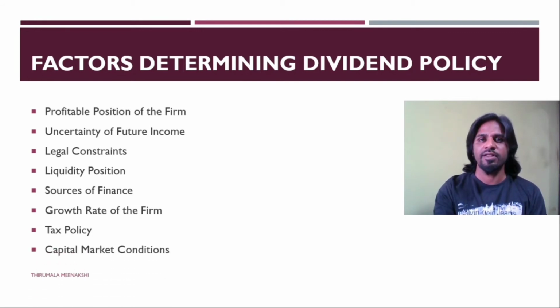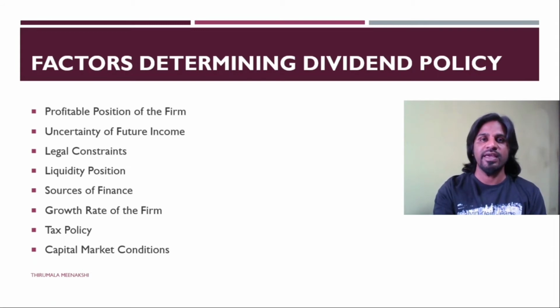Then we have the factor of capital market conditions. In this case, what is the situation or level of understanding of the individuals in the market, what is the position of the capital market, and how the market responds to the company's capital requirements.